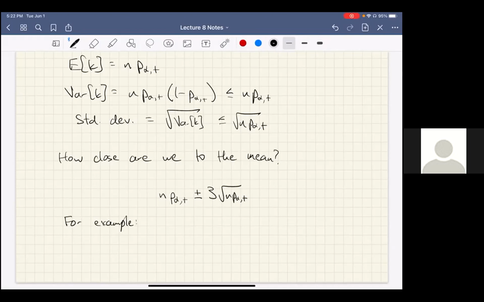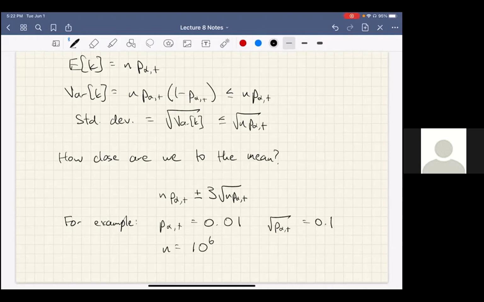So let's choose p alpha t equal to 0.01. That means the square root of p alpha t is equal to 0.1. And let n be, let's say, 1,000,000, 10 to the 6th.